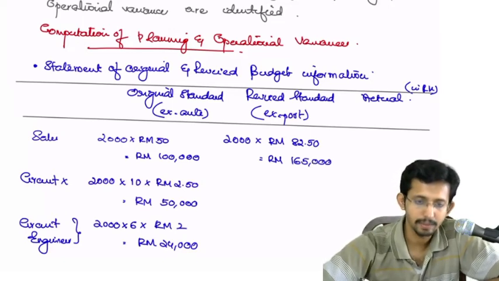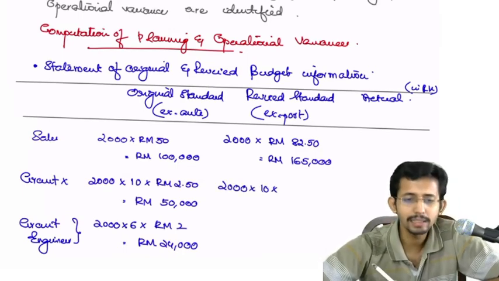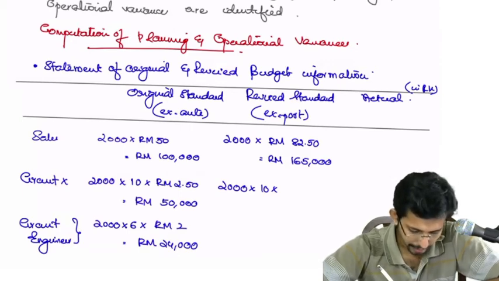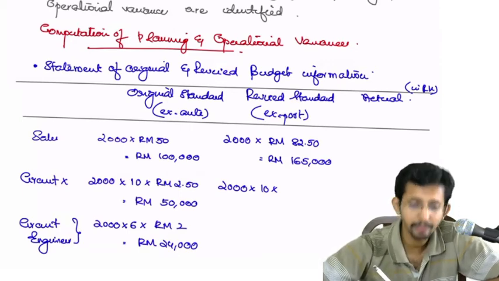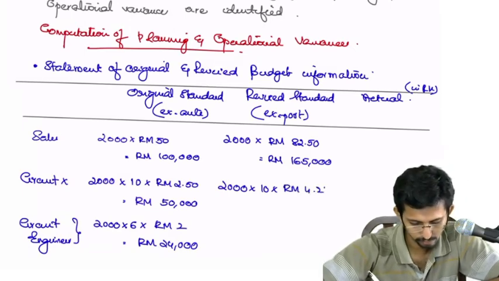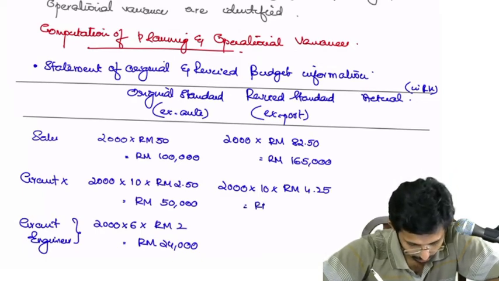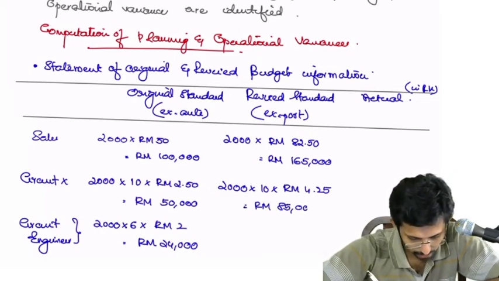Okay, then what else? Next is 2000 into 10 itself. No change in the standard, but the rate of circuit X has increased from 2.5 to 4.25, that is equal to RM 85,000.